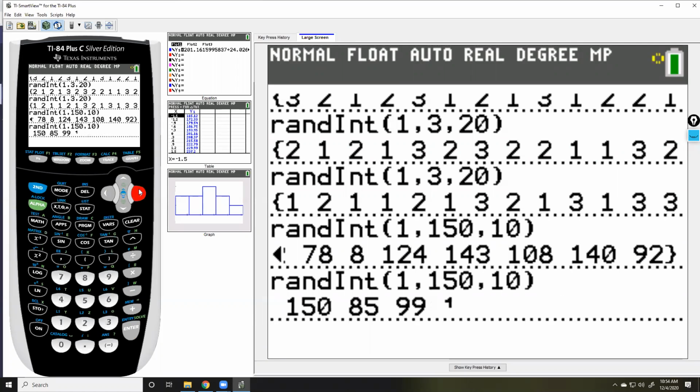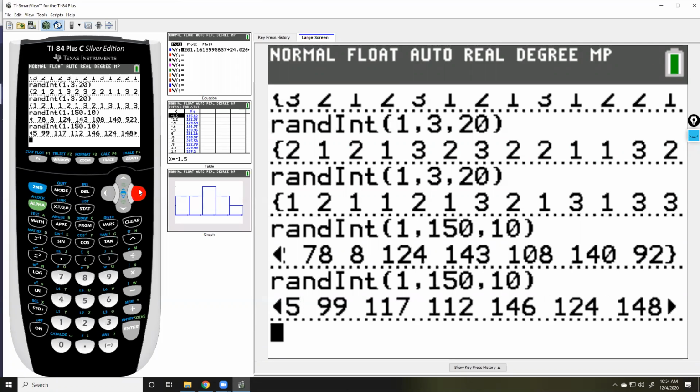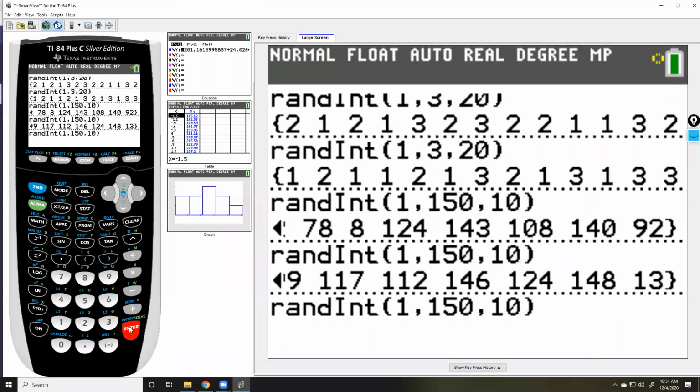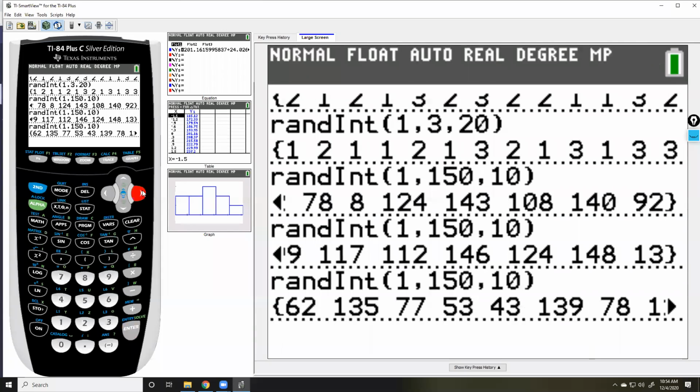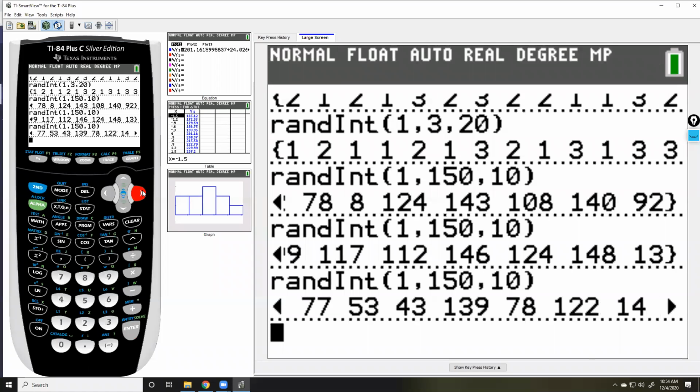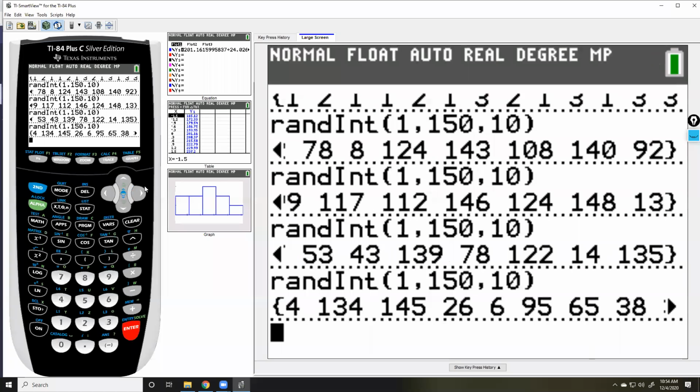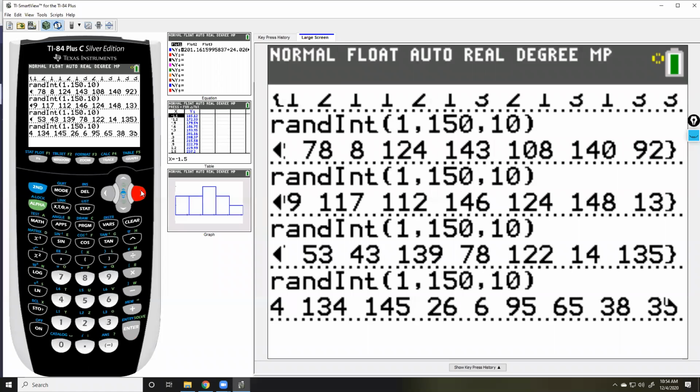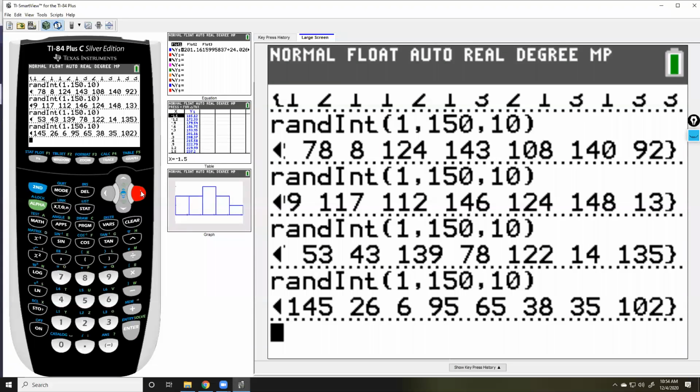That's not low enough. This time, only 1 person in student government got the spot, 13. Same thing here. Only 1 of them got the spot. There's 1. There's 2. Only 2 people got the spot.